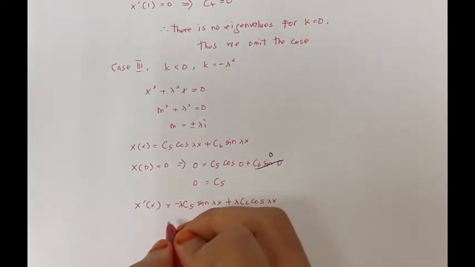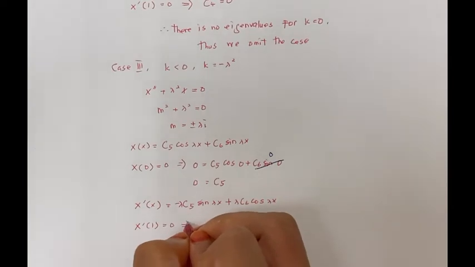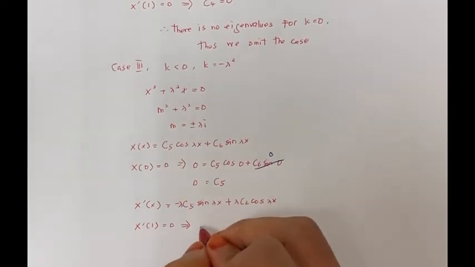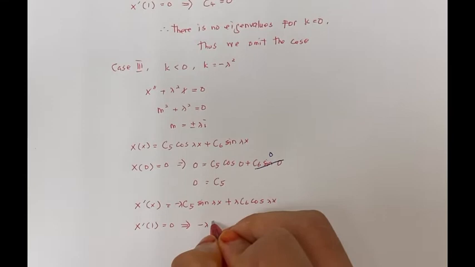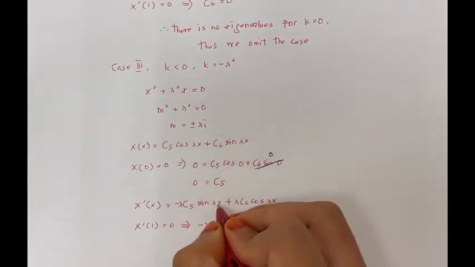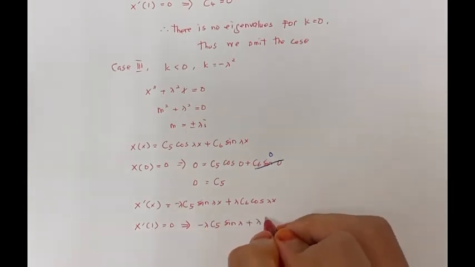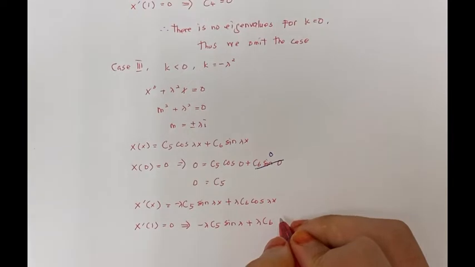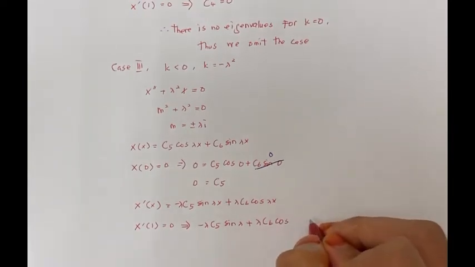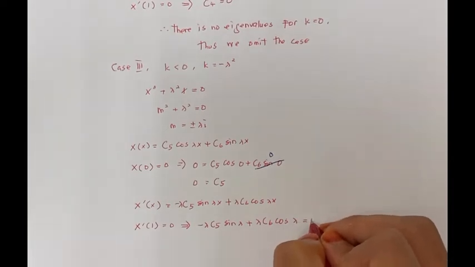Then substitute the boundary condition, x prime(1) equal to 0. We have negative lambda c5 sin lambda plus lambda c6 cos lambda equal to 0.